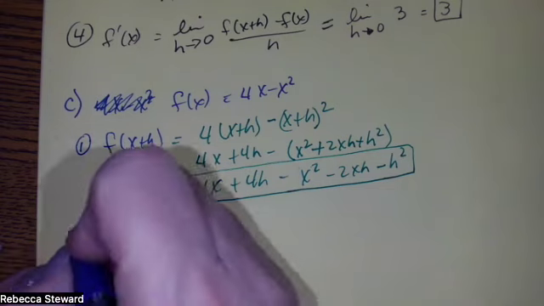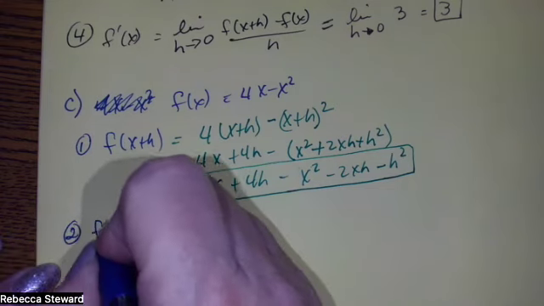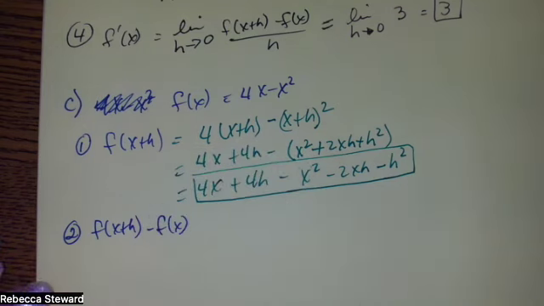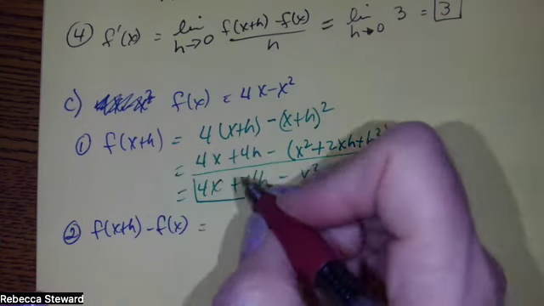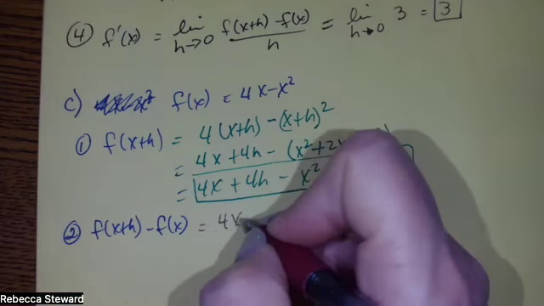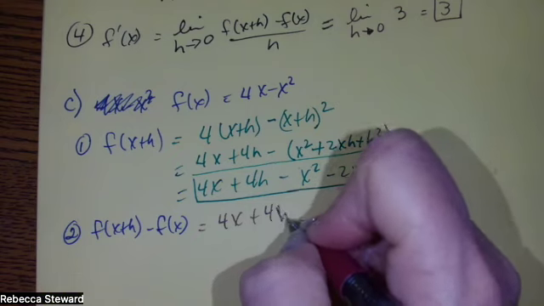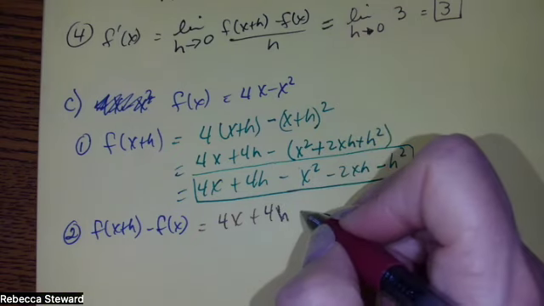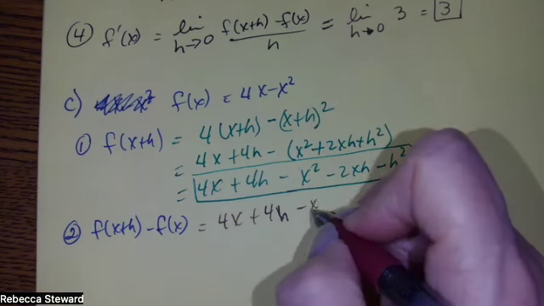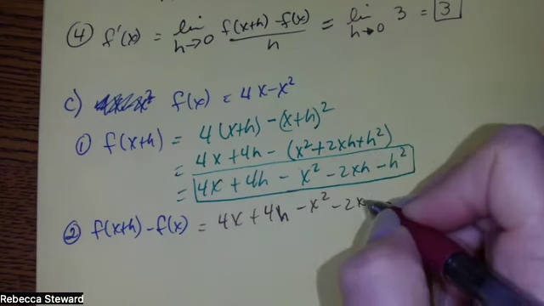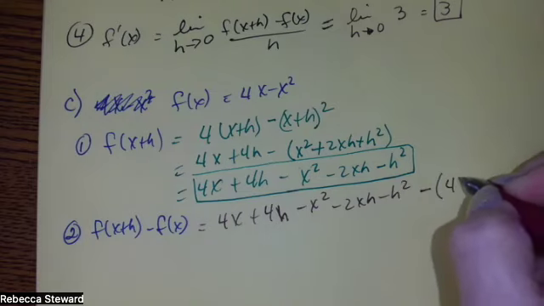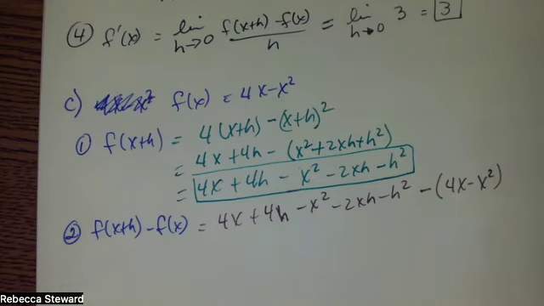Let's go do step 2. This will be our f of x plus h minus our f of x. So that's going to get us our f of x plus h, so 4x plus 4h minus x squared minus 2xh minus h squared minus our original function of 4x minus x squared.